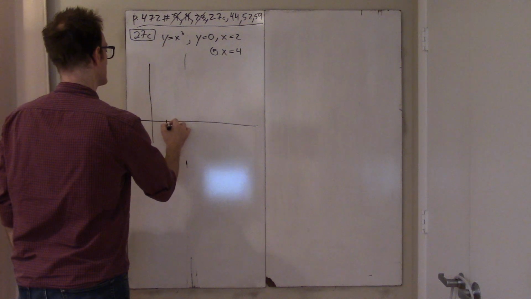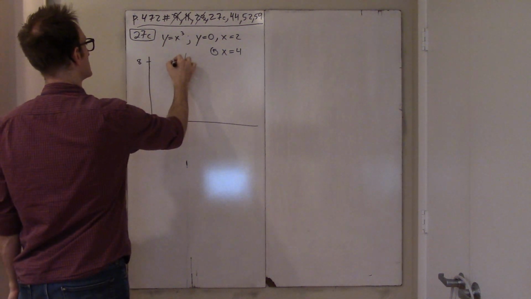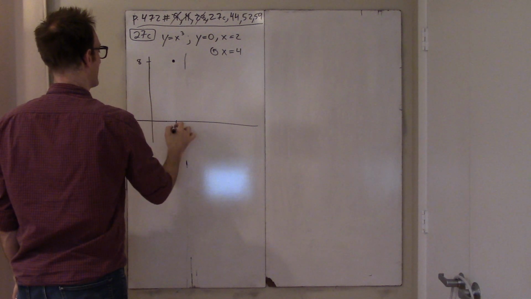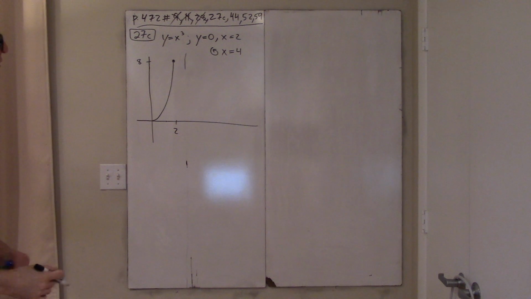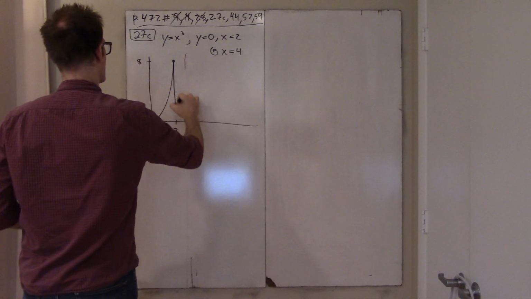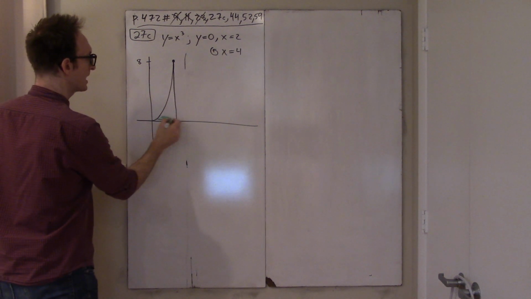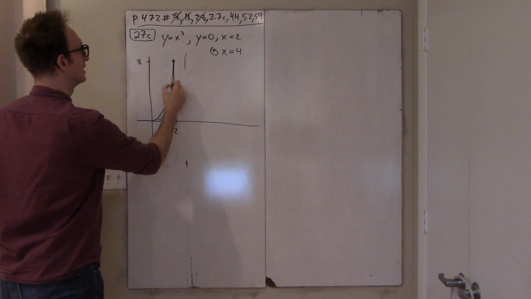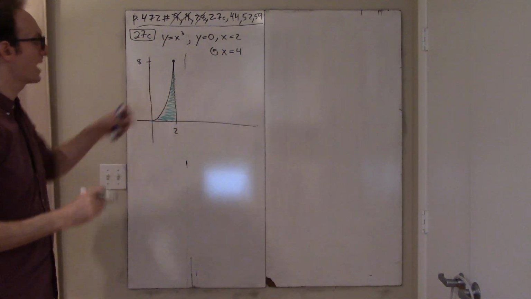When x is 2, we're going to be way up here at 8. That's y equals x cubed, and then in between x equals 2 and y equals 0. Therefore the region under discussion is this one. This is my region, the region enclosed by y equals 0, x equals 2, and y equals x cubed.